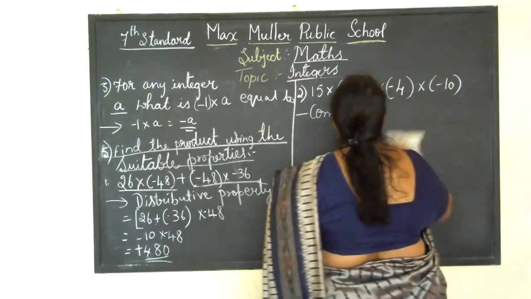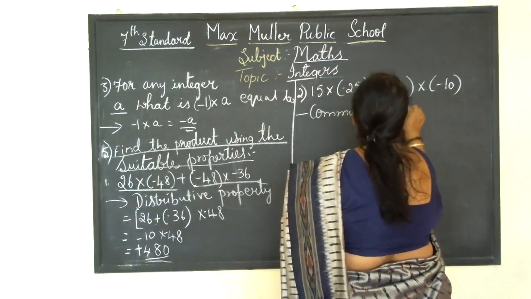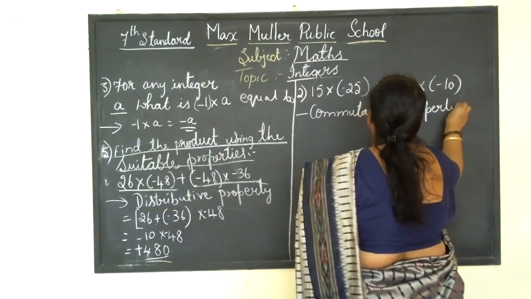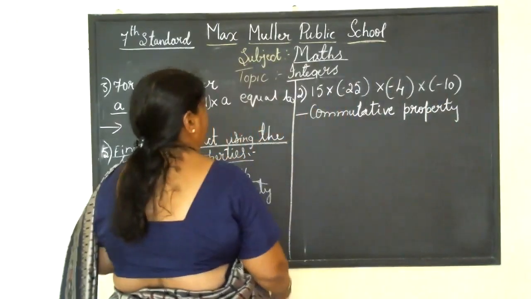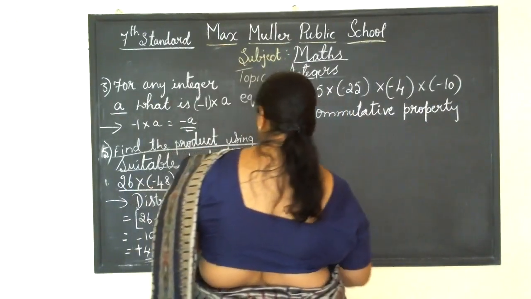As we change the numbers, we get the same answer. Change the places, okay? If we change the places also, we get the same answer. So, now we will solve it.